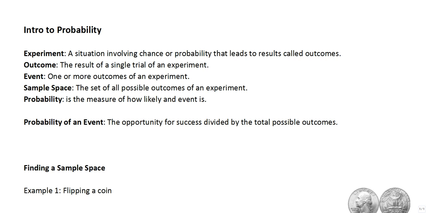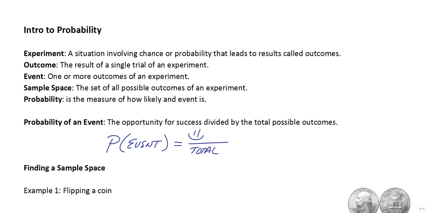So the probability of an event, usually we just write a capital P for probability, and inside the parentheses is what we're doing. And it's equal to success over the total. Now, total is going to be different for every different situation.